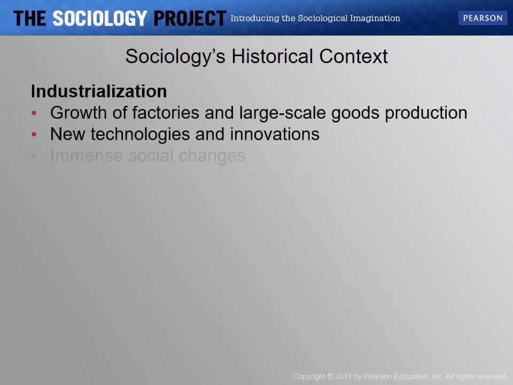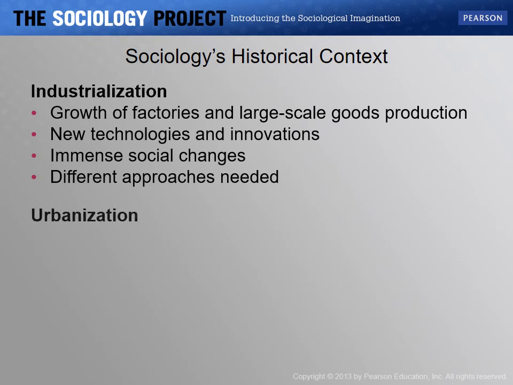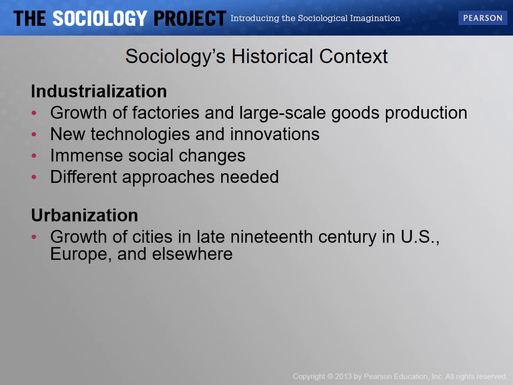Some important events in the history of the United States and other parts of the world include industrialization, which is super important. The growth of factories and large-scale production had unintended consequences on human cultures, the development of technologies.